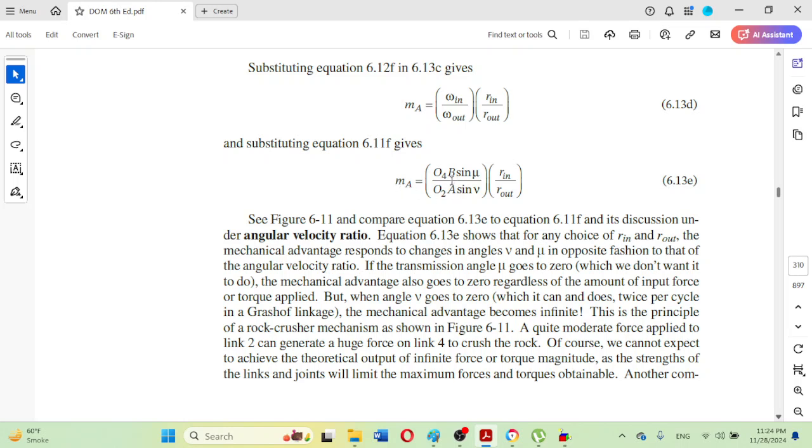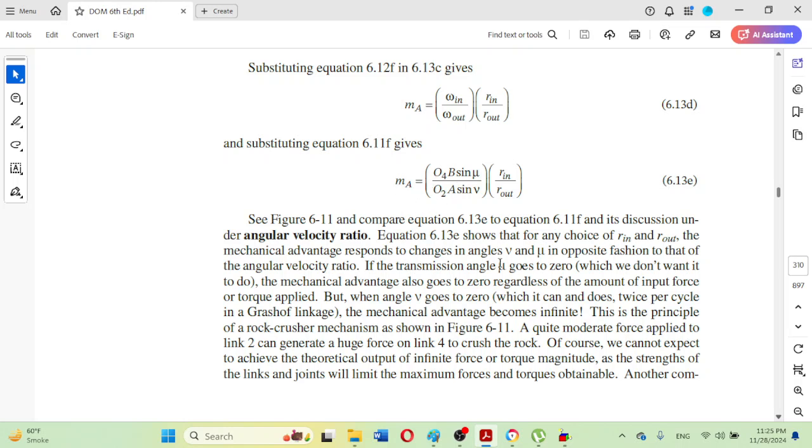Regardless of the r in by r out ratio, because it is constant while testing, if this ratio decreases, then mechanical advantage increases.